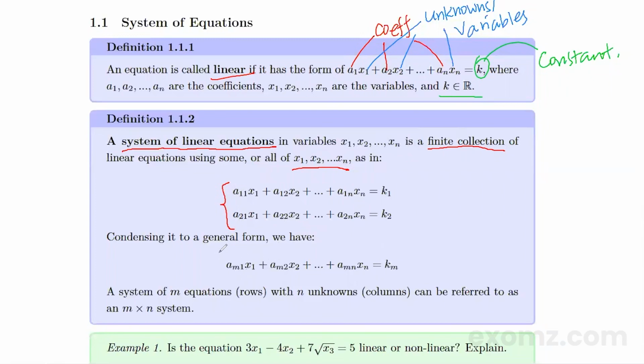So it has a general form of this. A system of m equations with n unknowns can also be referred to as an m by n system. So notice that for this expression right here, the row always comes first and the column always comes last.